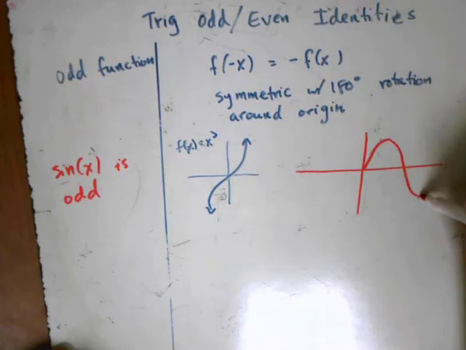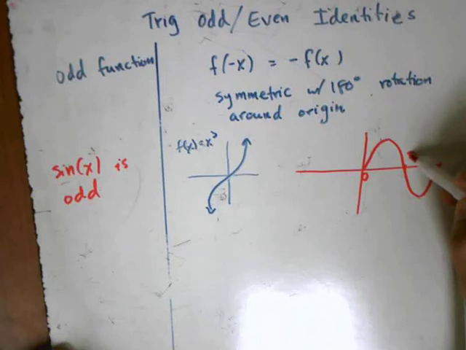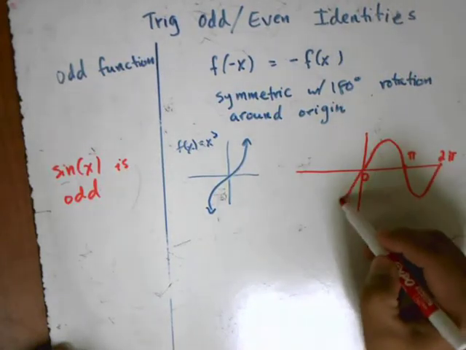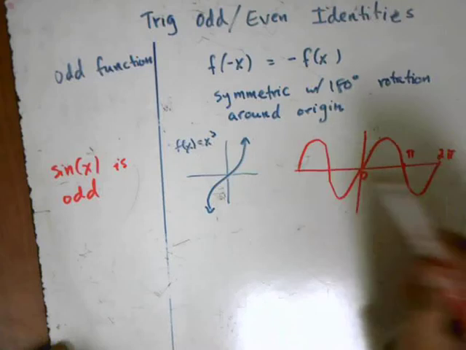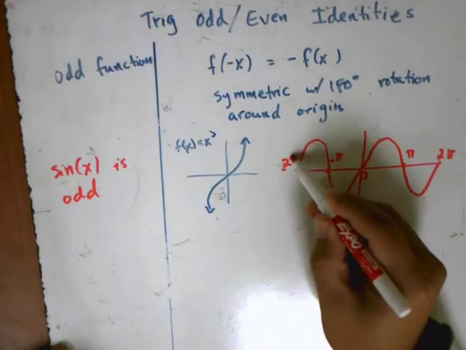So go up and down and back up again. This is at 0. This here is at pi. This here is at 2 pi. And then on the negative side, it's going to go down and up and then back down again. So this is going to be negative pi, and this is going to be negative 2 pi.